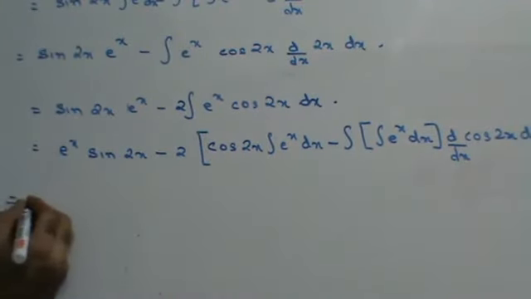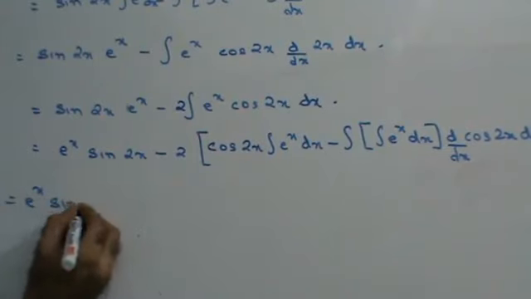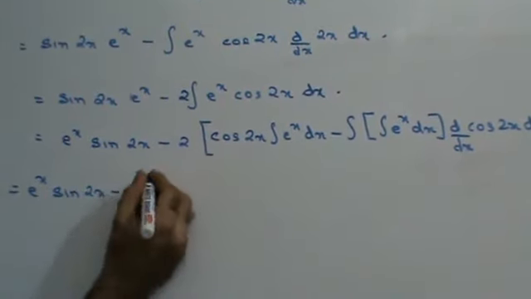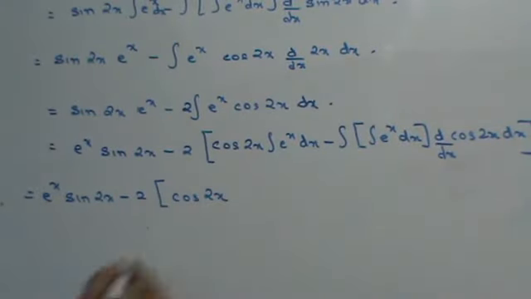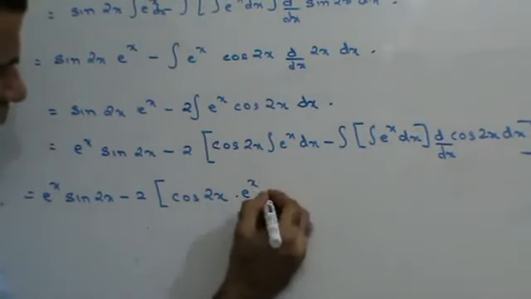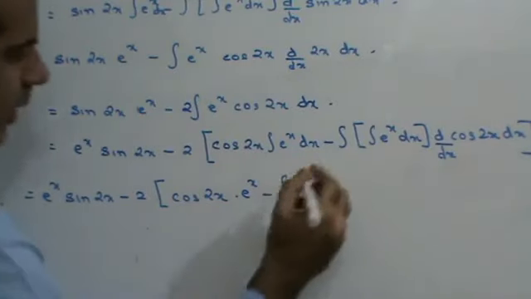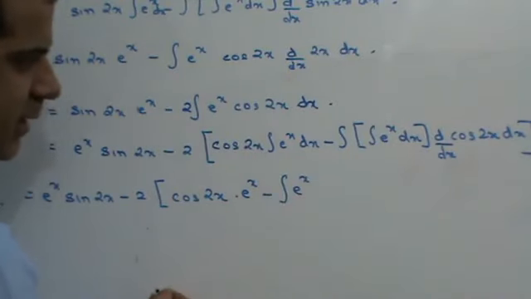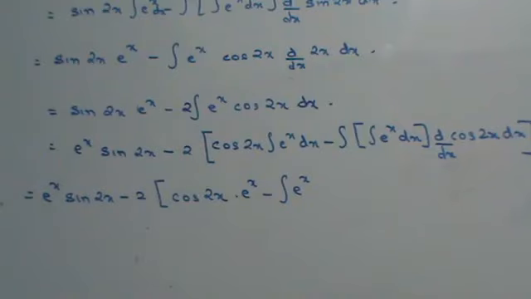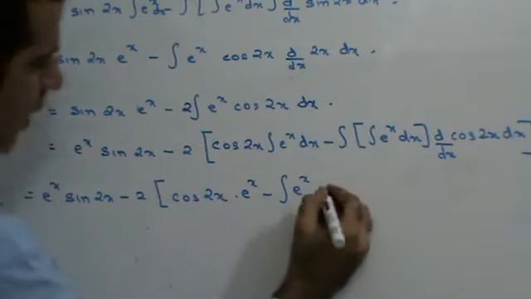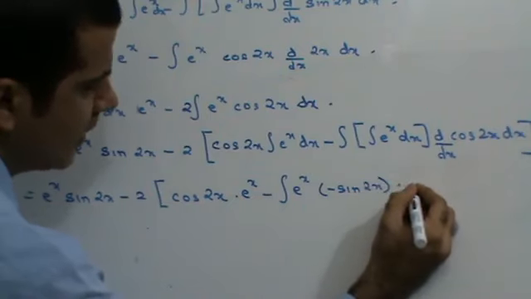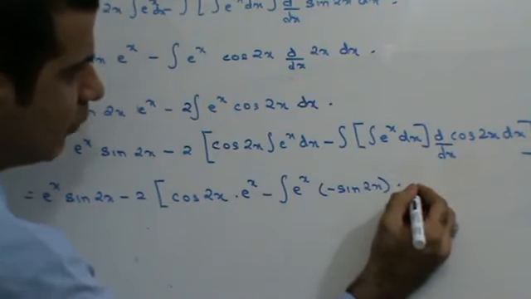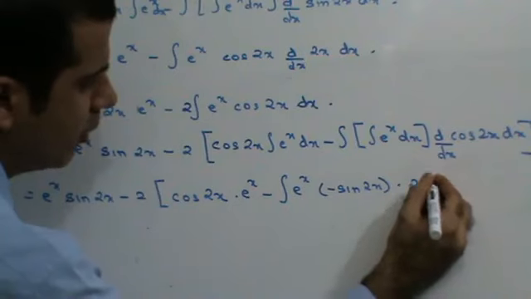This can be written as e raised to x sin 2x minus 2 into cos 2x times integral of e raised to x, which is e raised to x, minus integral of e raised to x into the derivative of cos 2x, which is minus sin 2x into the derivative of 2x, which will be 2 dx.